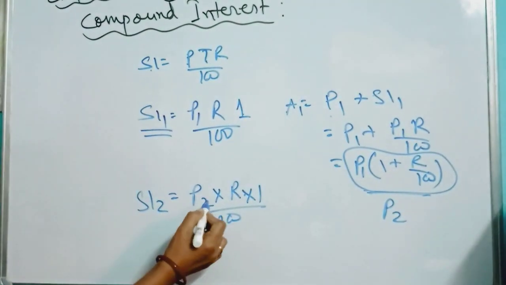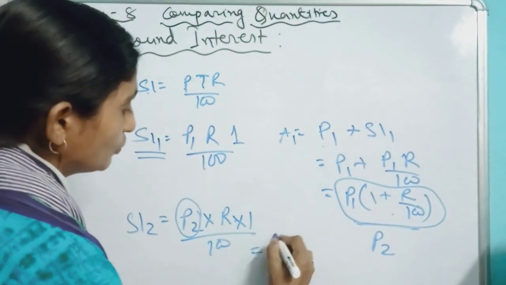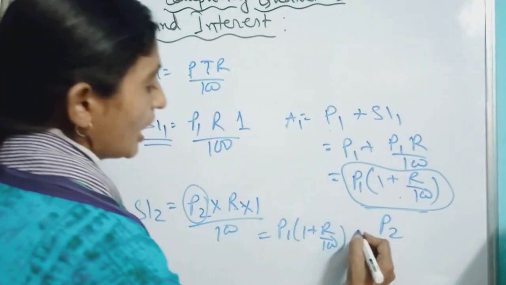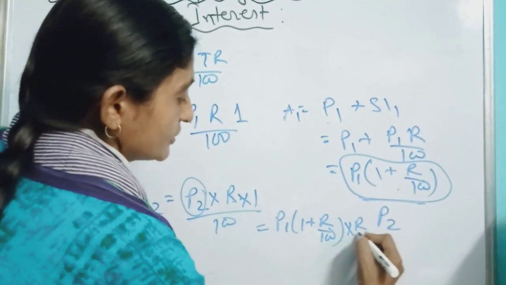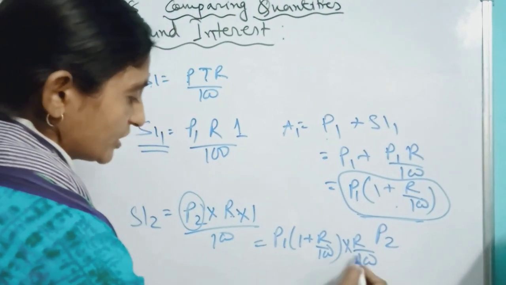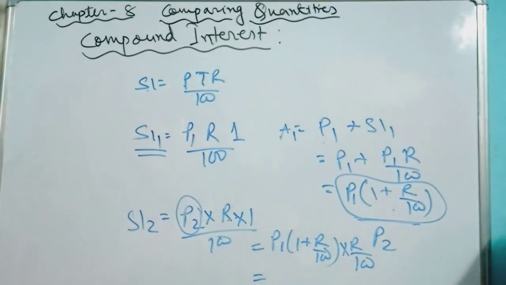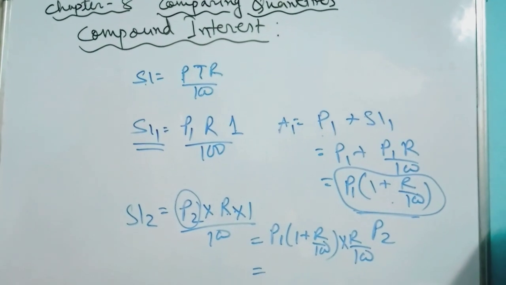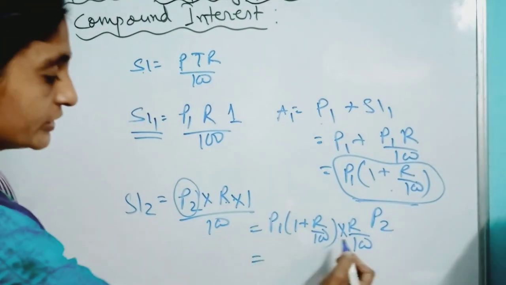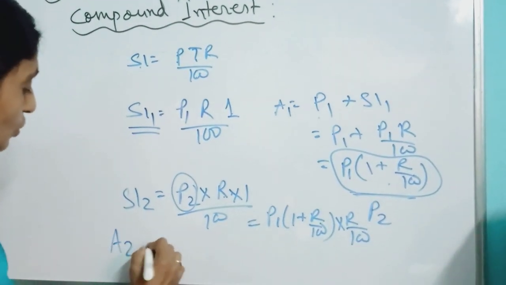We already know P2, so we put P1 into 1 plus R by 100, into R by 100, and for 1 year there is no need to write the time. If I simplify this, we can take this part as common. So after completing 2 years, what will be the amount?